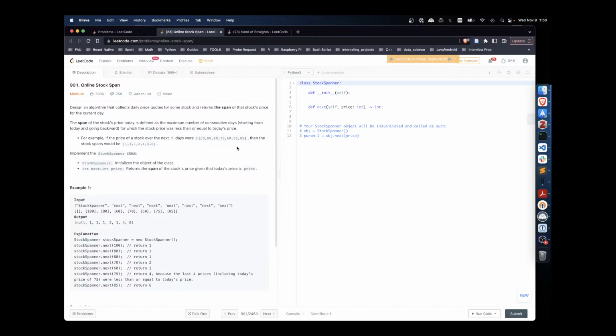number of consecutive days. Okay, let's do 1. That'll be 1, 2, 3, 4. 1, 2, 3, 4, 5, 6. Gotcha. Next returns the span of the stock's price given that today's price is price.